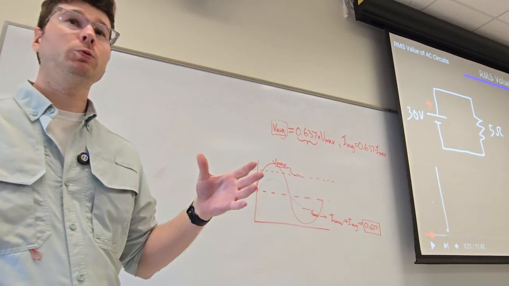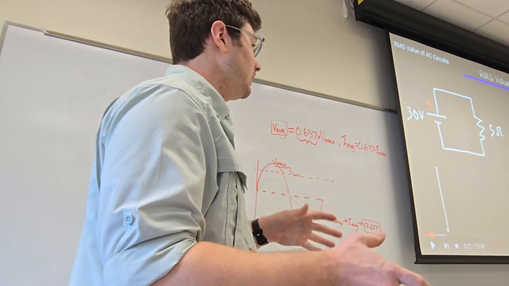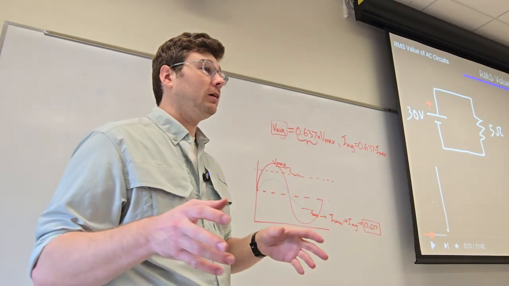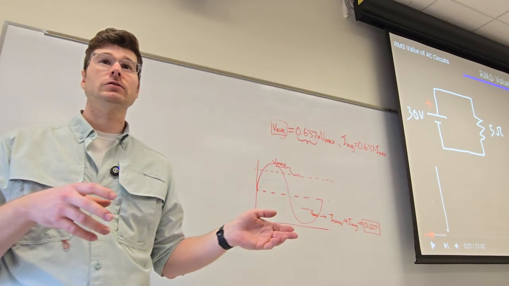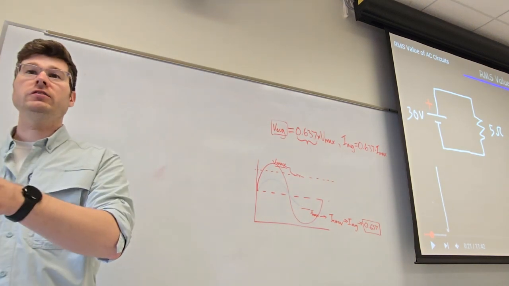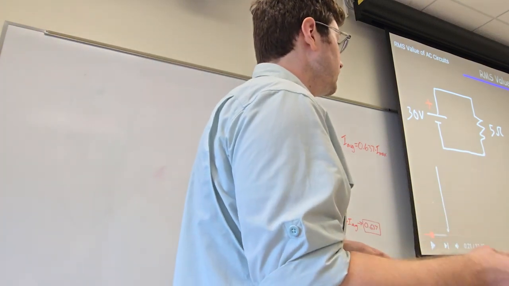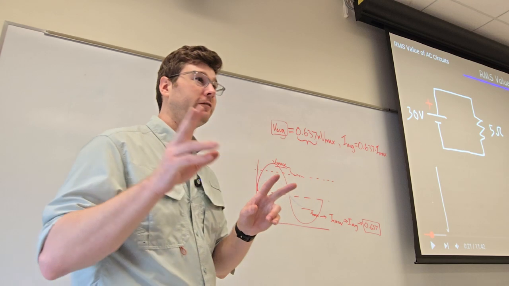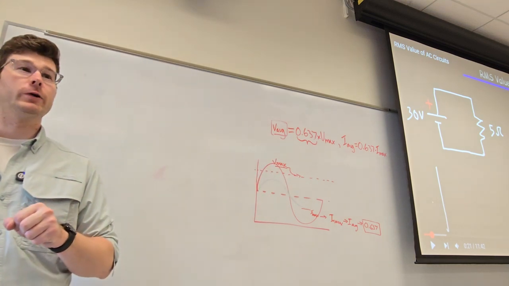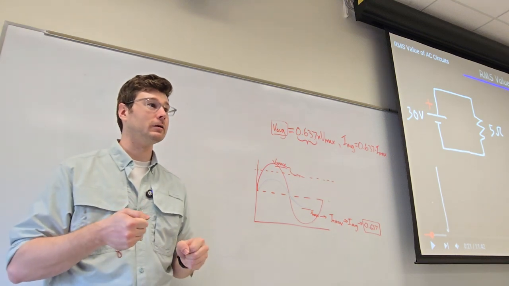In AC systems, we work with RMS values, or root mean squared values. It's kind of like converting AC stuff to DC systems. It's why we can say 120 volts or wattage from one system is equivalent to wattage in another. It's because the volts that we use is not raw volts. It's VRMS, or V root mean squared. So that's why we can compare AC systems and DC systems so easily.